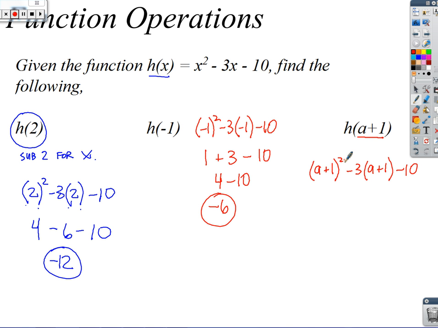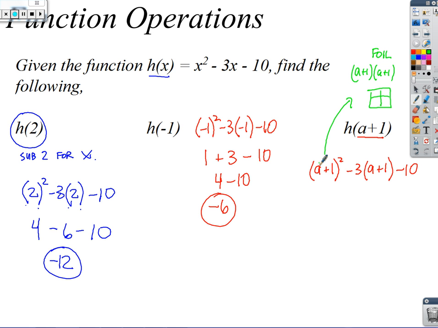To square a binomial, this is sort of an addendum here, it should be a plus 1 times a plus 1, which means you can either use FOIL or the generic rectangle. I don't care. Choose an appropriate method. Do not distribute the two. That is not how it works.